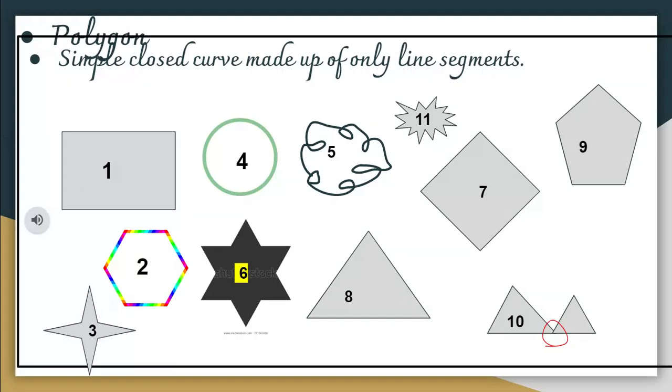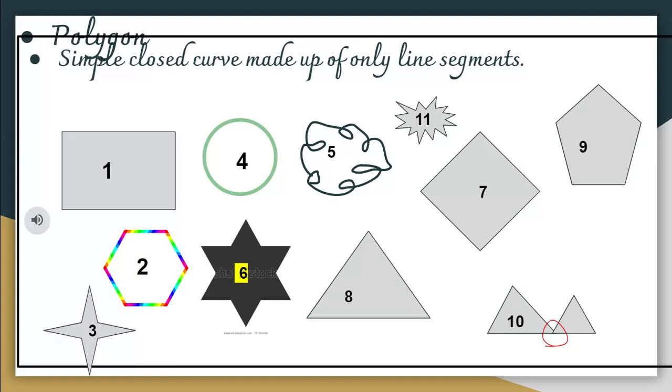Clear? Another criterion is that it has to be made up of only line segments. Now it can have multiple lines. That is why the name is polygon. Poly means many, so many line segments can form a polygon.